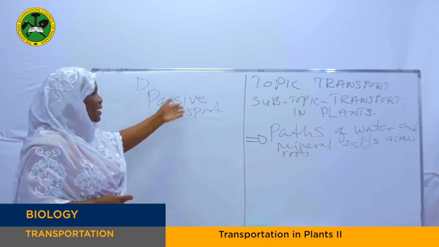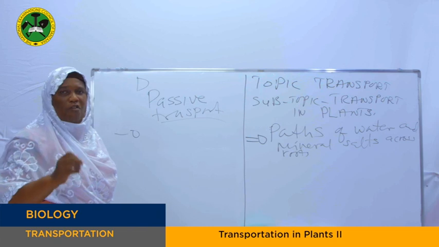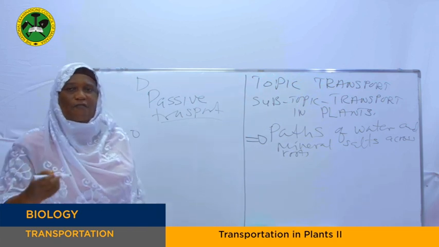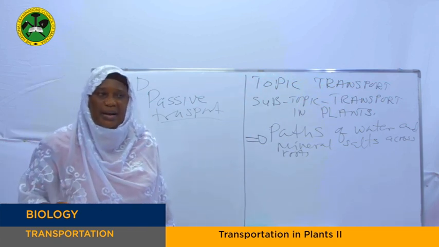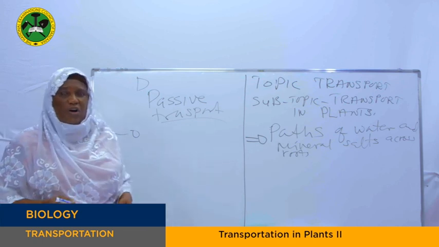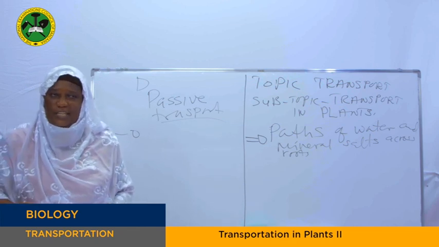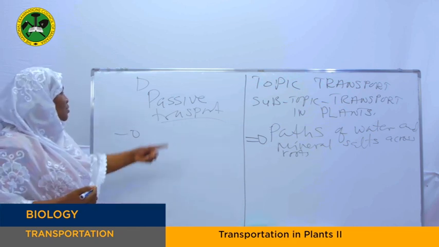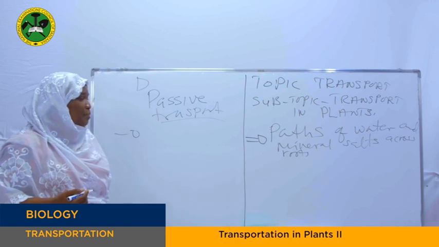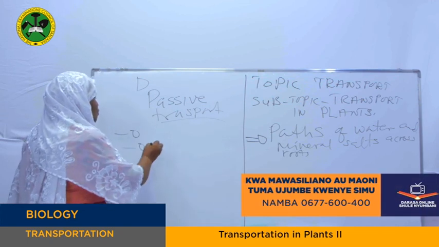When you deal with passive transport, it means we consider movement of materials following concentration gradient. It means they move from the area of high concentration to the area of low concentration. That is passive transport.